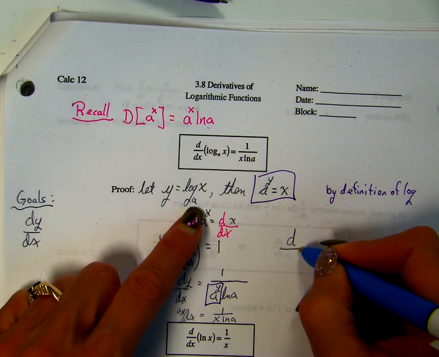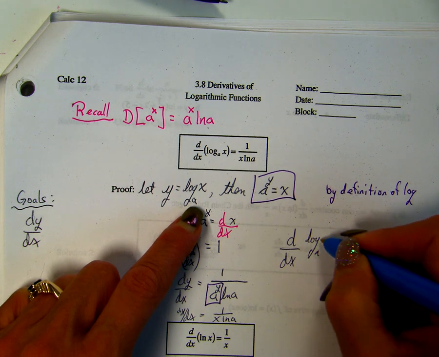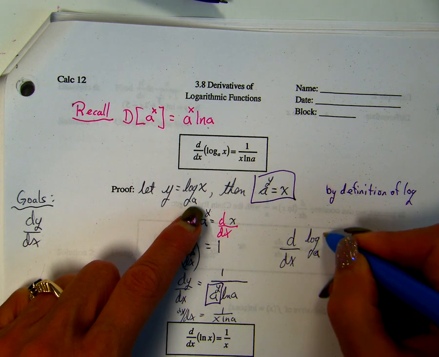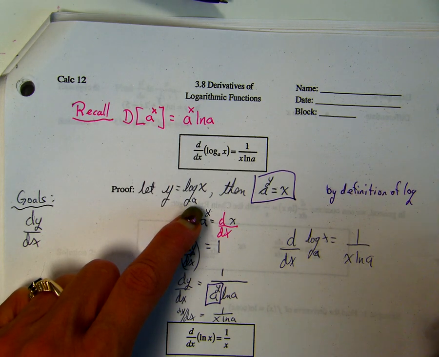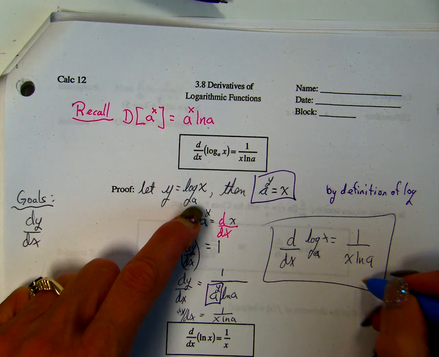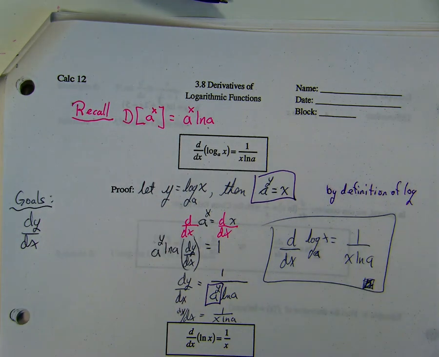So the derivative with respect to x of log to the base a of x is 1 over x ln a. So there's the proof for this derivative.